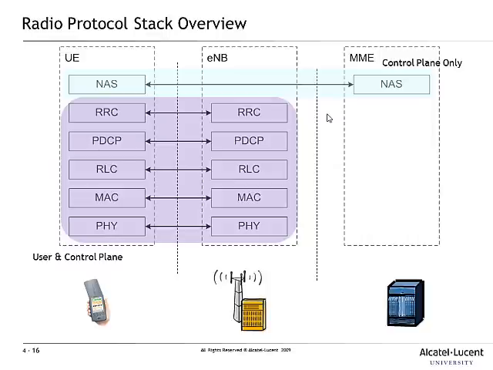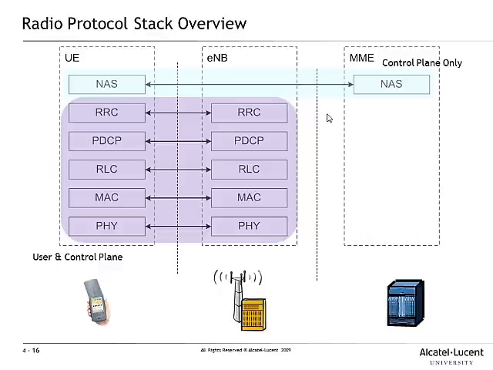So the MAC layer is quite complex in the eNodeB. When we've gone from GSM to UMTS to HSDPA to LTE, the MAC layer has got more and more complex. And now, because everything is in the form of packets, it's probably one of the most complex MAC layers in all of the mobile technologies.